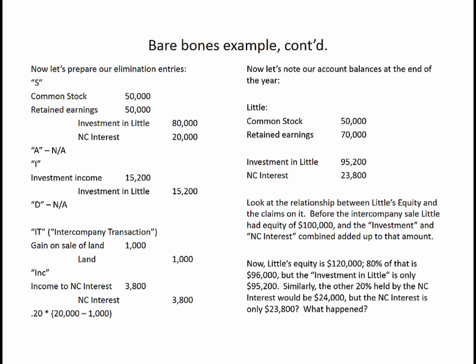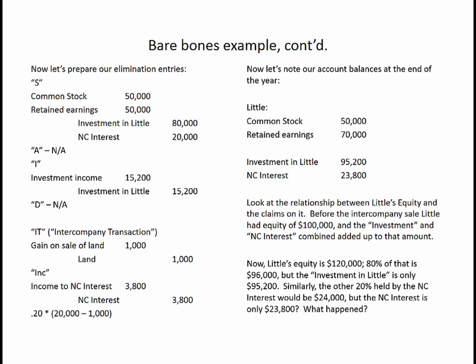That relationship no longer holds. Now, Little's equity is $120,000. 80% of that is $96,000, but the investment in Little is only $95,200. Similarly, the other 20% of that $120,000 would be $24,000, but the non-controlling interest is only $23,800.